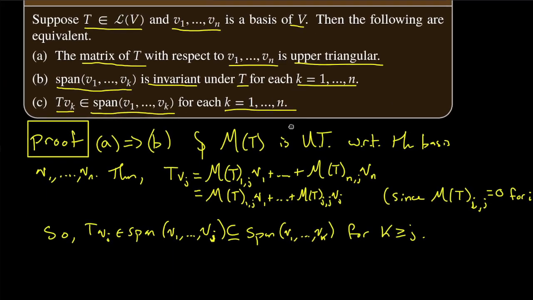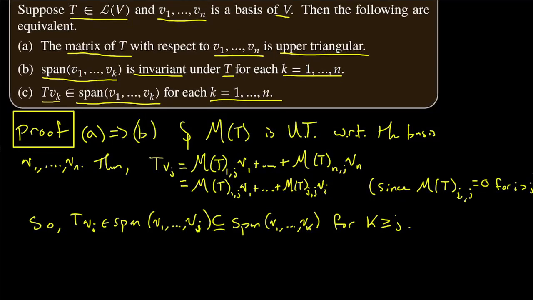Hence, we've shown now that upper triangularity implies that the span of v1 through vk is invariant under T. That is, T of vj is in the span of v1 through vk for j less than or equal to k.